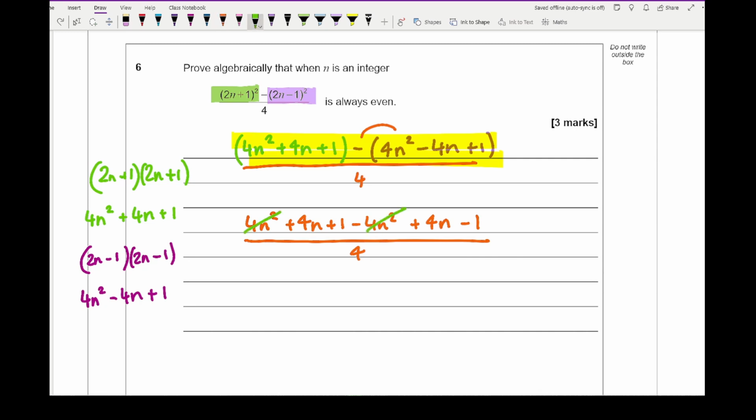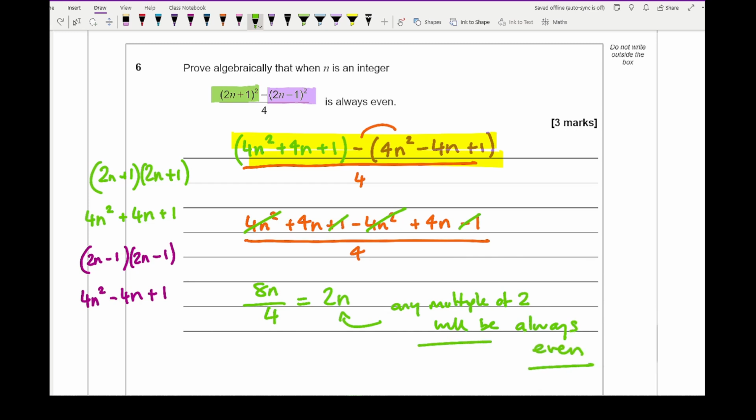So this cancels with this, and that cancels with that, and all I'm left with is 4n plus 4n, which is 8n, divided by 4, which leaves me with 2n, and this here is any multiple of 2, so it will always be even. That written statement needs to be said, but you could write it in a different way, basically saying as you're multiplying n by 2, the answer will always be even.